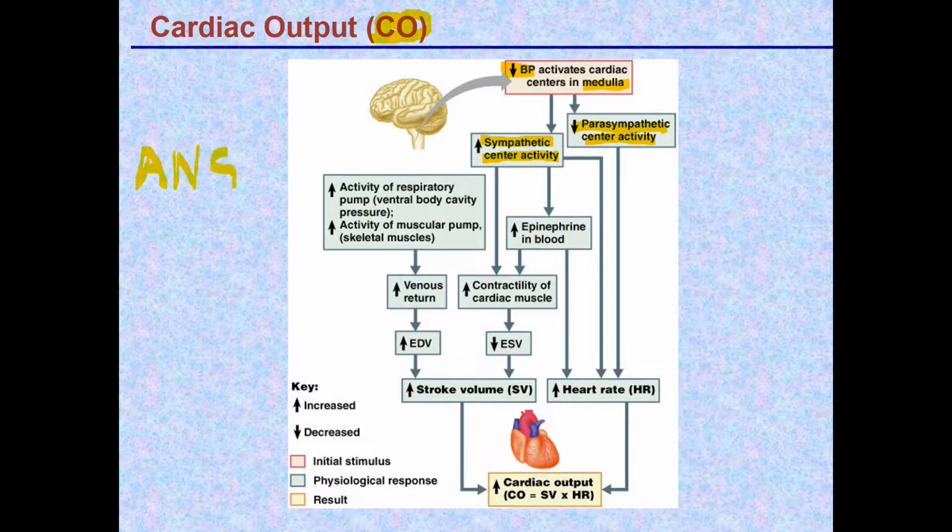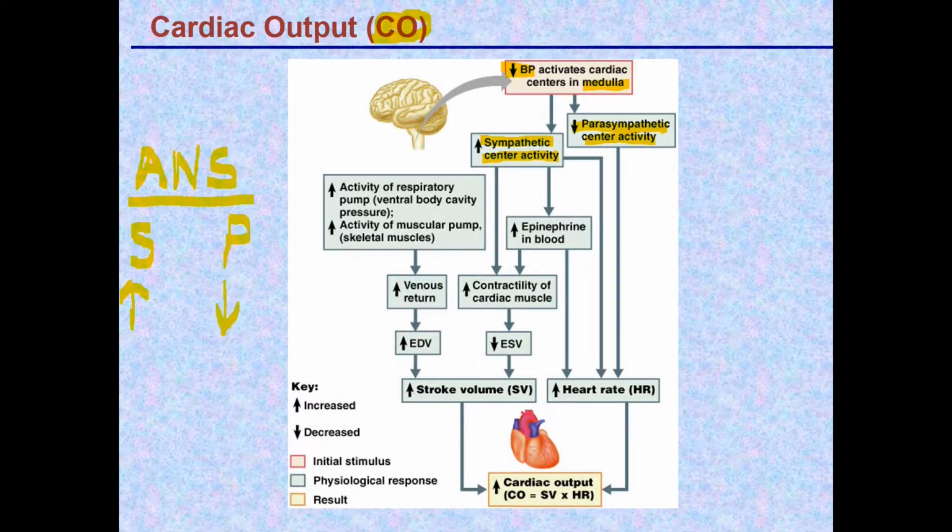The autonomic nervous system controls involuntary tissues like the cardiac muscle or the smooth muscle in the wall of blood vessels. It has two divisions, the sympathetic and the parasympathetic division. And with activation, fight and flight kind of stimulation, you get upregulation of the sympathetic division of the autonomic nervous system and downregulation of the parasympathetic.